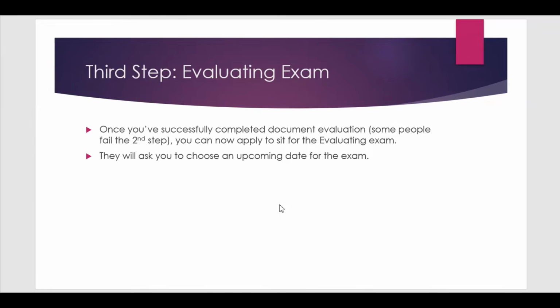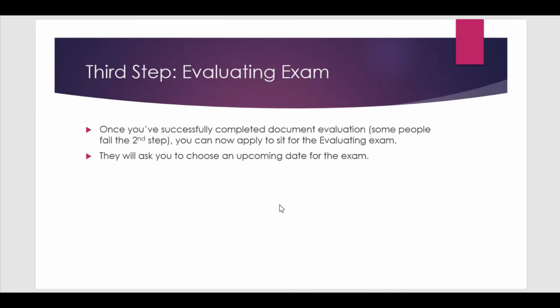Now, the people I know who failed the document evaluation step failed mainly because their degrees are not equivalent to a pharmacist degree in Canada. They are pharmacists from other countries, but they only did like 3 years of pharmacy schooling or something like that. So it's not equivalent to a pharmacist degree in Canada.